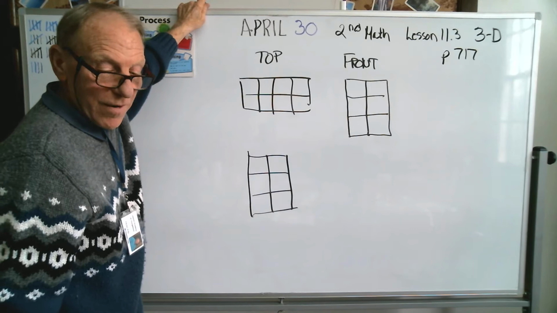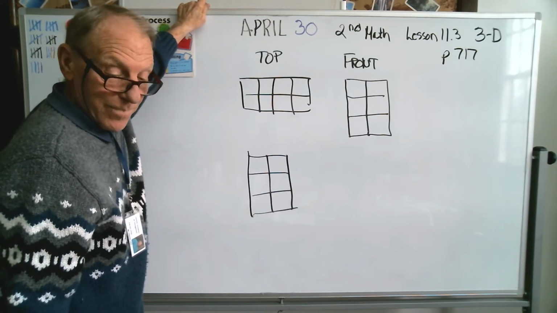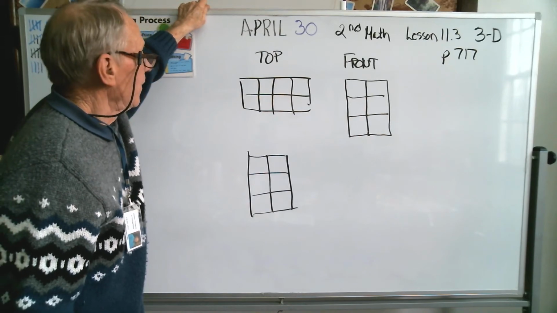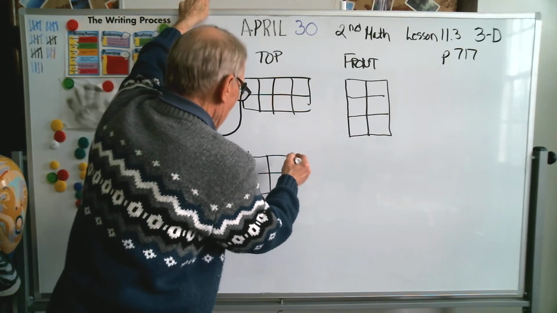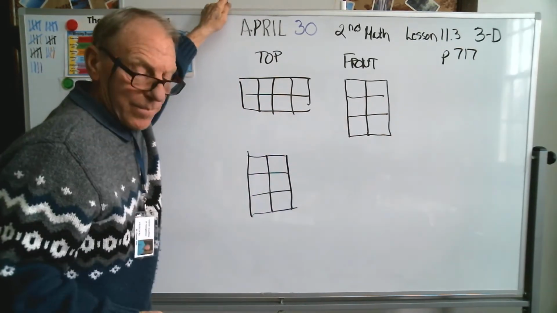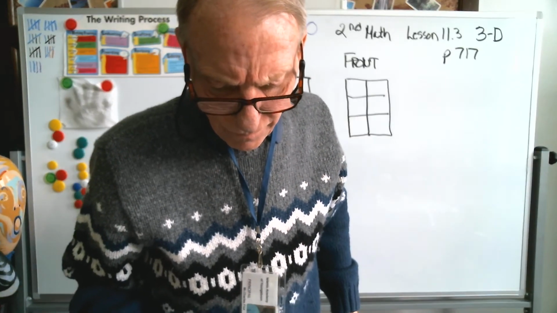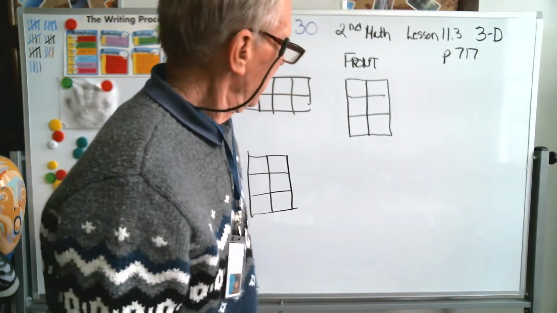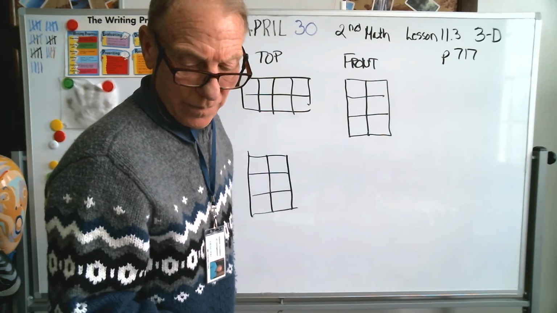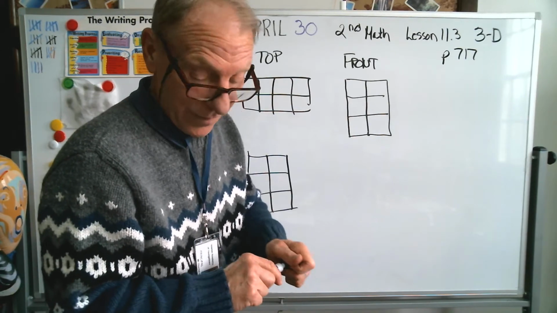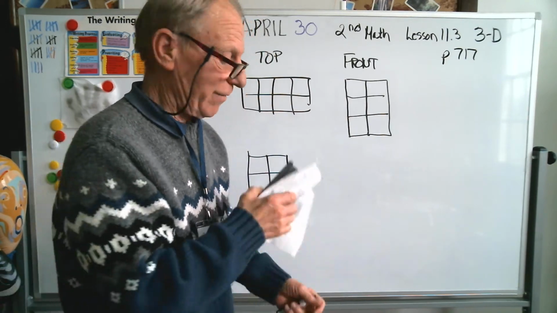You with me so far? And here's our top. Let me make sure I'm getting this right. Our front view is going to be, yeah, I'm not getting this right. Let me correct myself here.